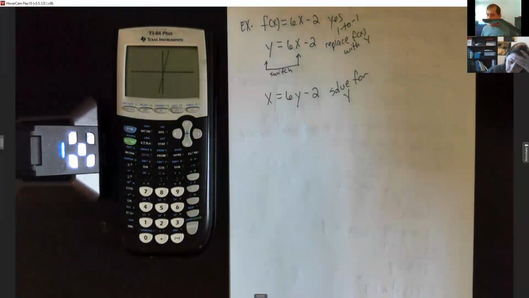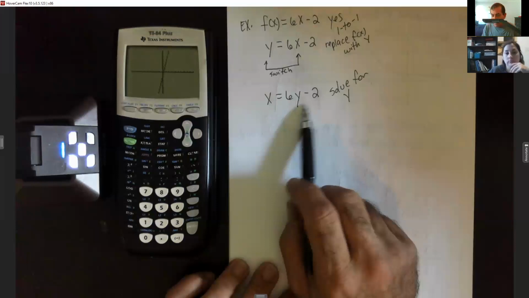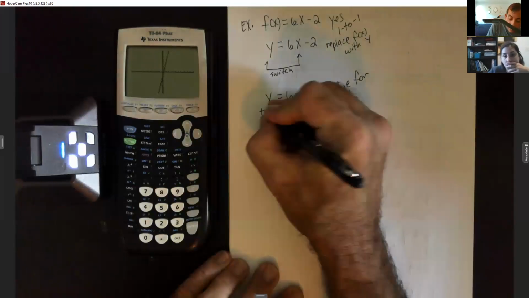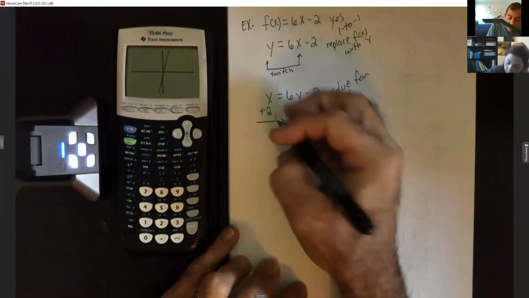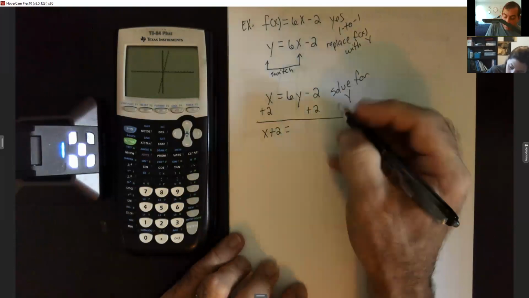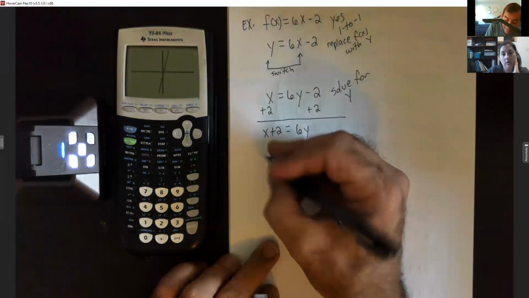So I think on this one, what I would do first would probably be add 2 to both sides. That way I get the 6y by itself. So we get an x plus 2 over here. On this side, I can bring down my 6y and my 2's are canceled. And then finally, I'm going to need to make that a 1y, so I'm going to divide both sides by 6.